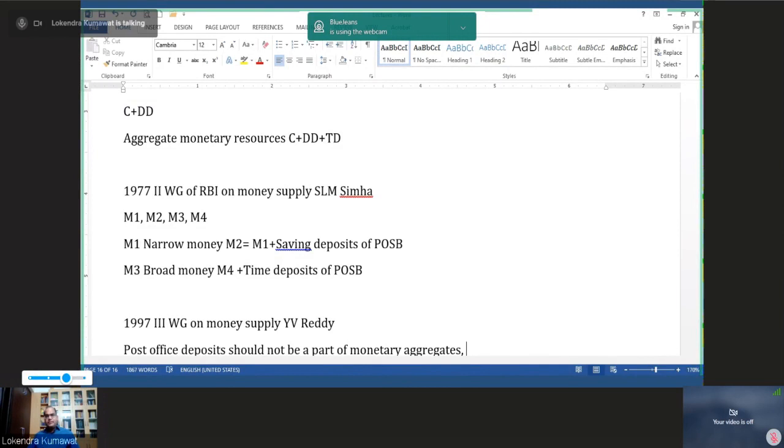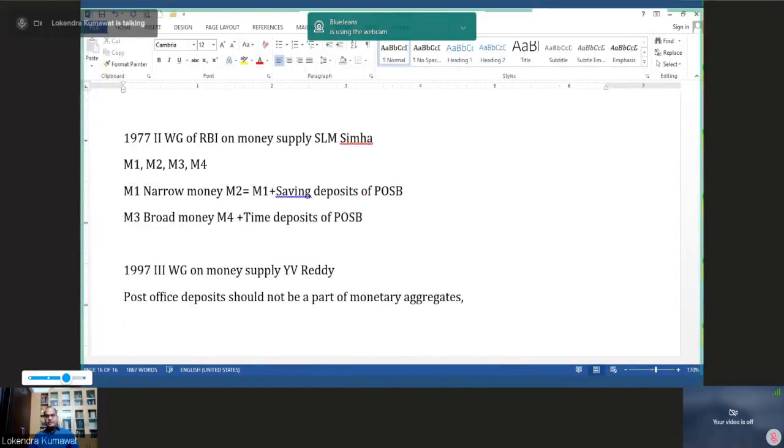The other suggestion that is relevant here is that M1 includes savings deposits. Now, in order to talk about this measure that RBI suggested, let me talk about what constitutes time deposits and demand deposits in the Indian banking system. I hope you know very well that in the Indian banking system, we have mainly three types of deposits.